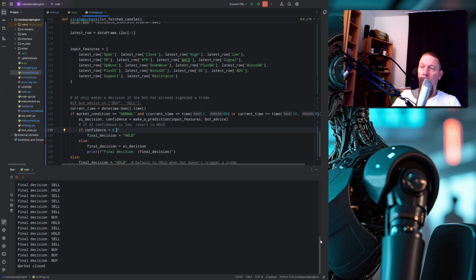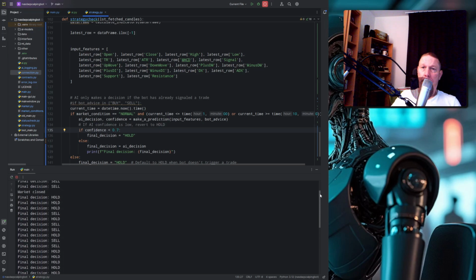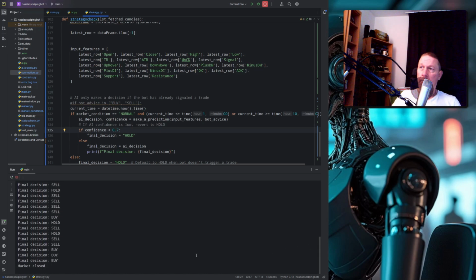And if we look down right here, we see we had a lot of holds, a sell, a hold, and a lot of sell. Again, a lot of holds, and then a sell, a hold, a sell, a buy, until the market was closed.